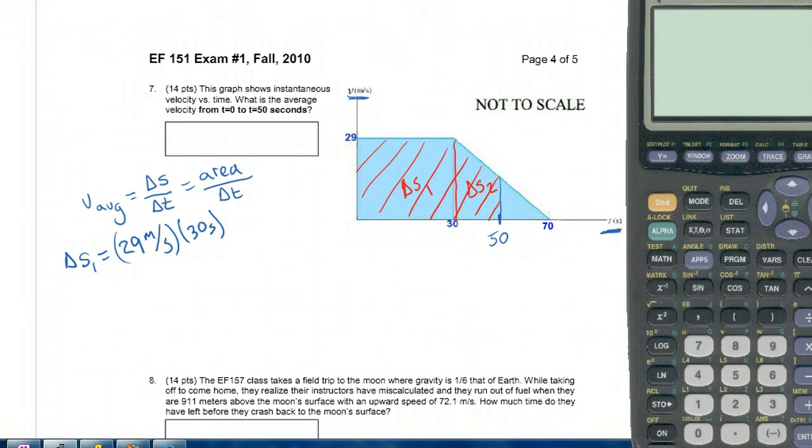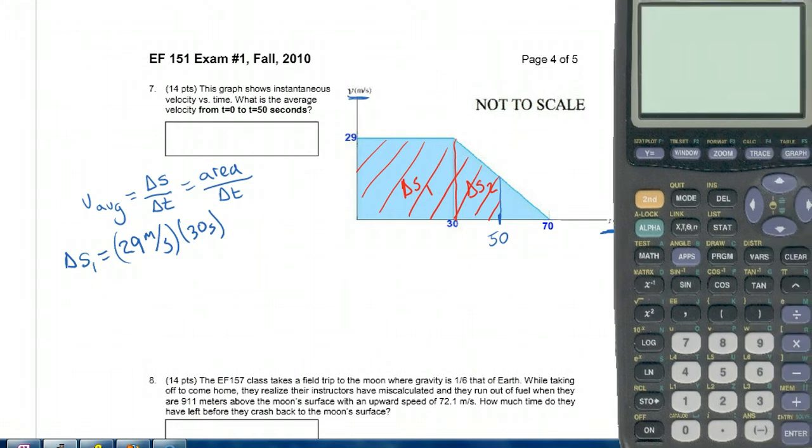Got my calculator over here. There we go. 29 times 30. 870. 870 meters. Delta S2 is the area of a trapezoid.